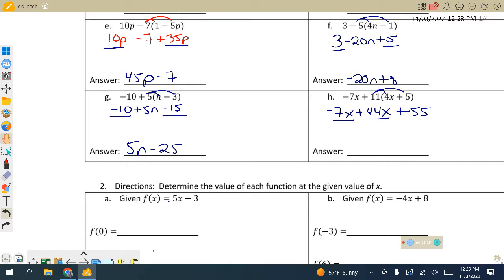What do we got for negative 7 plus a 44? 37x. If you're not getting that 37 in your head, punch it in. Type in a negative 7 plus a 44, and what you should then get is a 37x. 55. Anything to do with 55? Nope. That's where we're at.